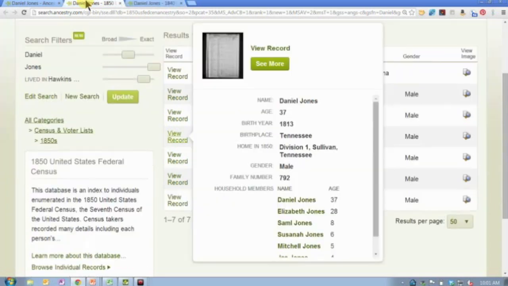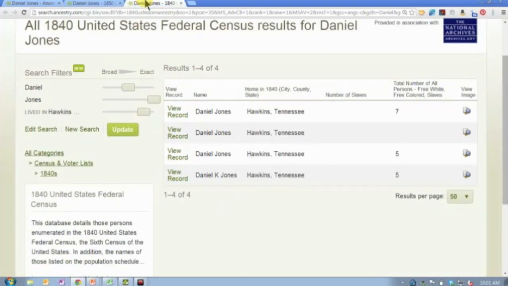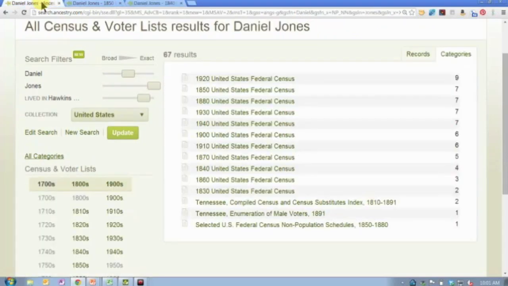So that helps me start to understand that whoever these men were that were living in some of these other counties were either not the head of household in 1840 or they were living elsewhere, okay? And that's important to be able to follow some of those other men so that I can rule them out as being my people.